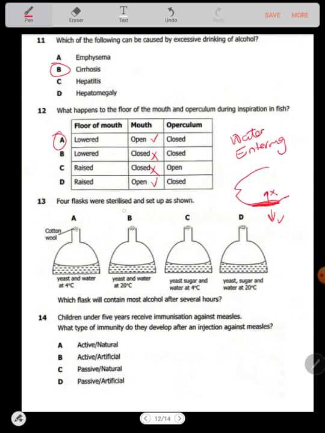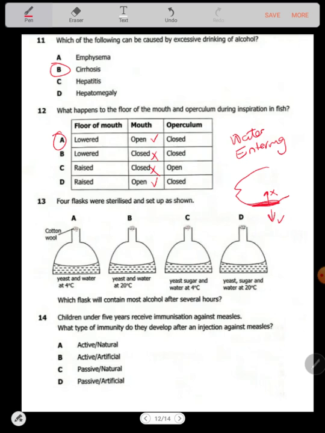4 flasks were sterilized and set up as shown. Now, sterilization means there are no microbes. Which flask will contain most alcohol after several hours? Now, look at yeast and water. For formation of alcohol, you don't need those two. You need yeast, water, and sugar.